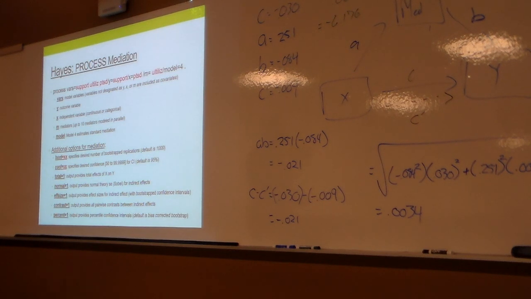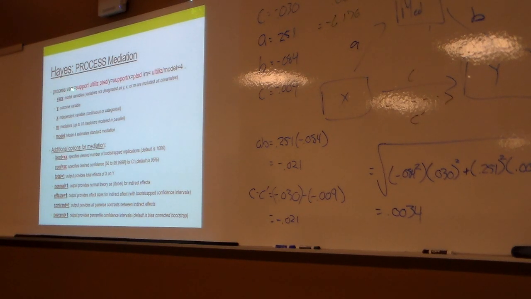Once you load up that macro, you can, with a very simple model, start running your evaluation of indirect effects using your bootstrap standard errors. Okay? For our macro for mediation, the command to run this model is simple.